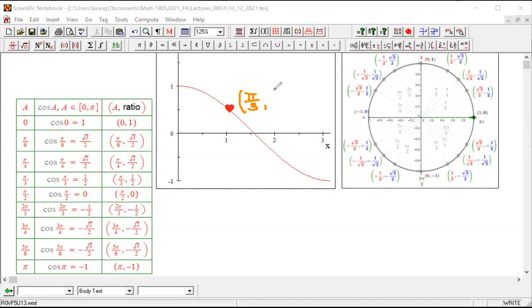The red number is a red number on the unit circle. And I wish every point is marked in a similar manner. Do you follow me? With the exact values, as we see, root 3 over 2, root 2 over 2. So I want to see the exact value.